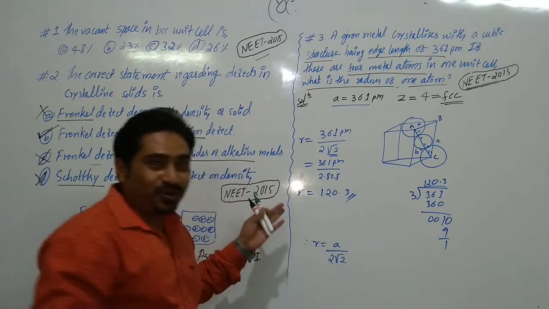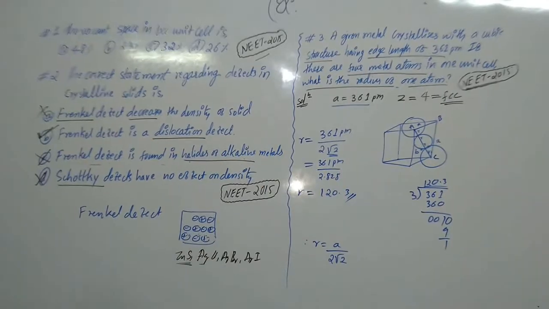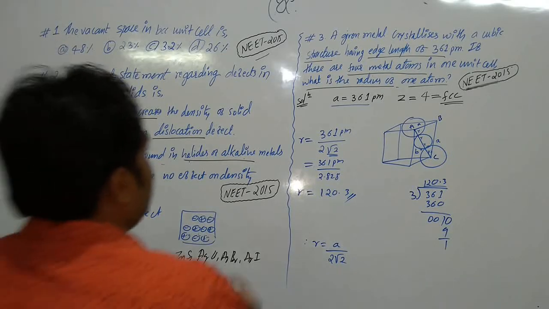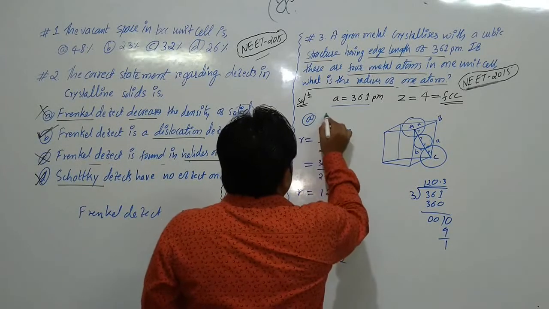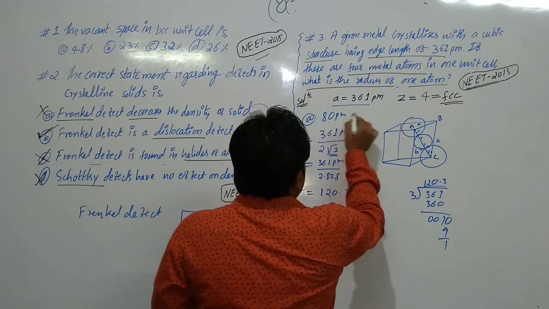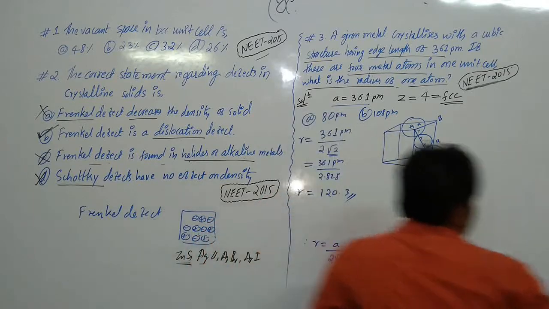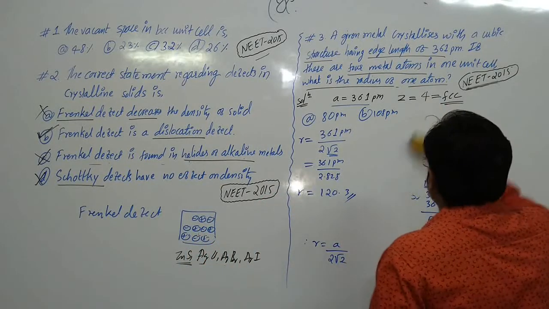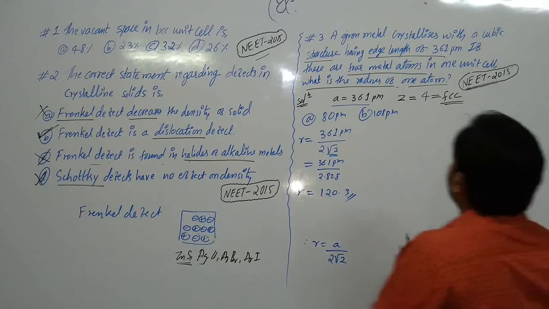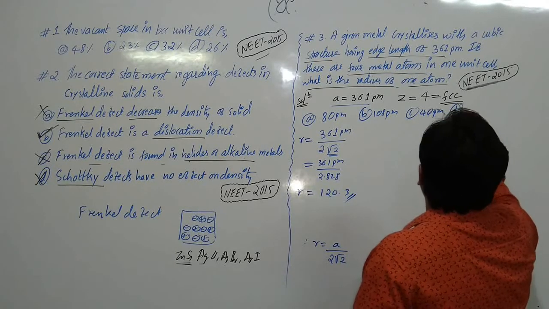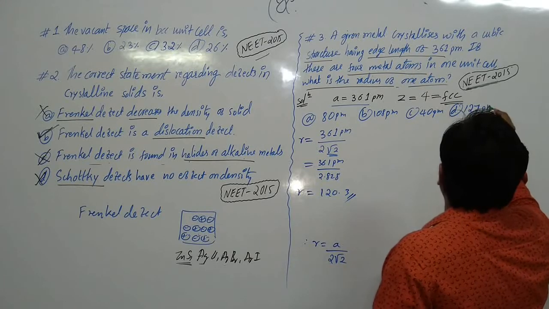Oh, sorry, I forgot to write the options. Wait, I will write the options. So here option A is 80 picometer, option B is 108 picometer, option C is 40 picometer, and option D is 127 picometer.